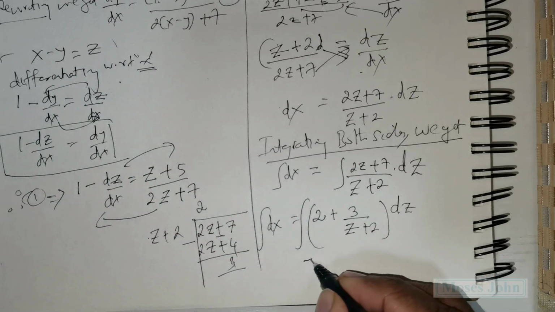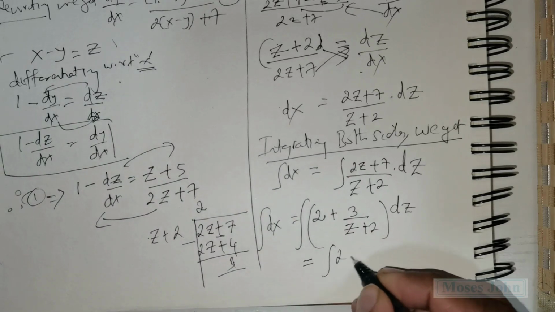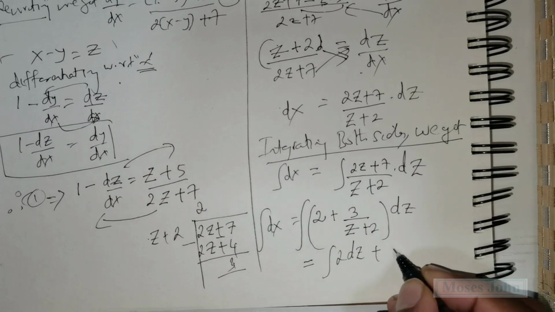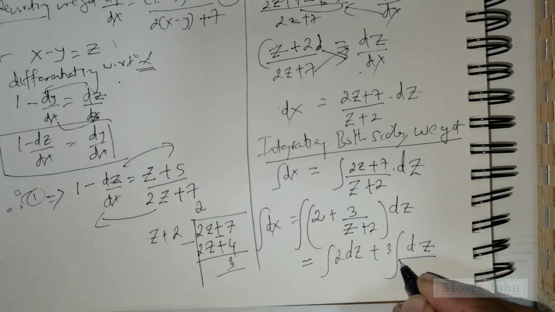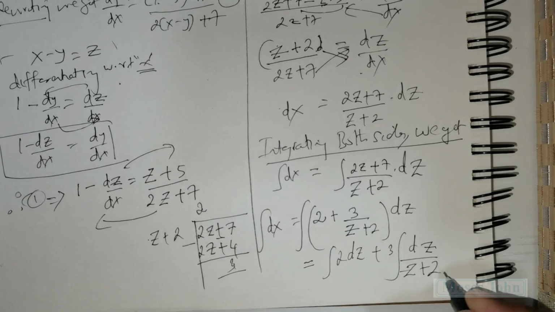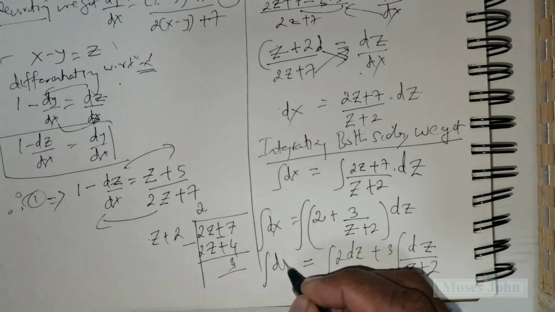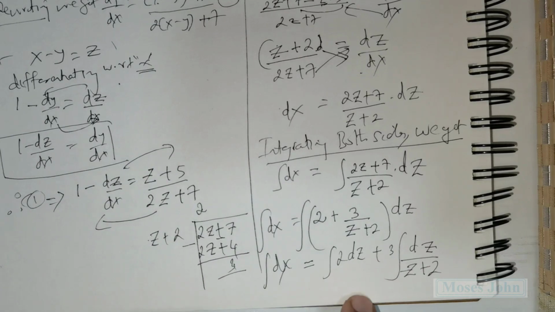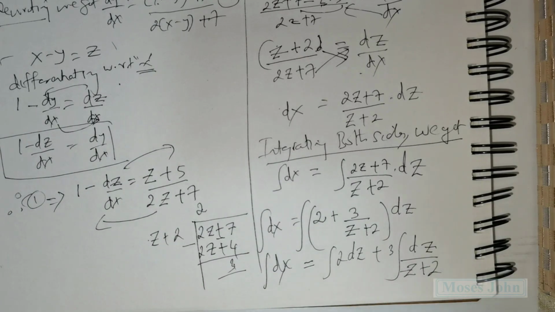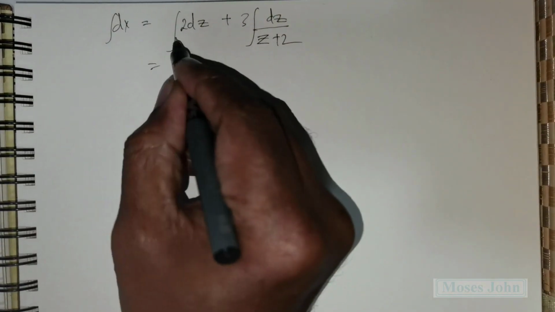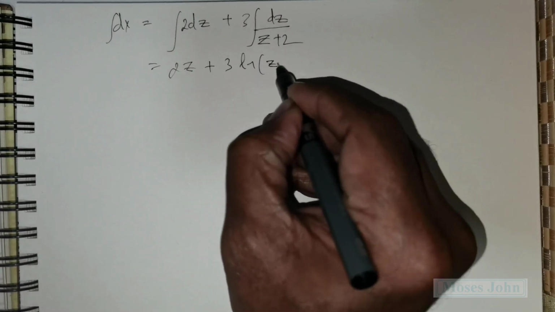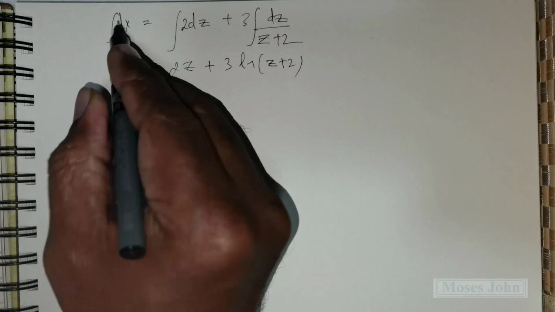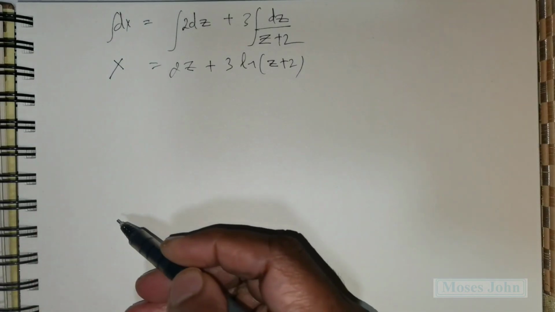Now this is going to give you the integral of 2 dz, plus 3 as a constant times the integral of dz/(z + 2), and on the left it's going to be dx. Now the problem is complete if you perform this integration. This is going to be 2z + 3 ln(z + 2), and the integral of dx would give you x.